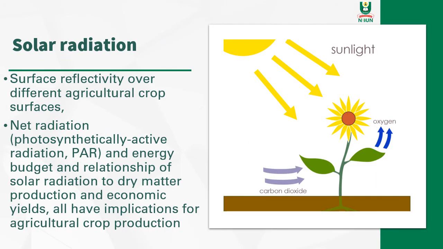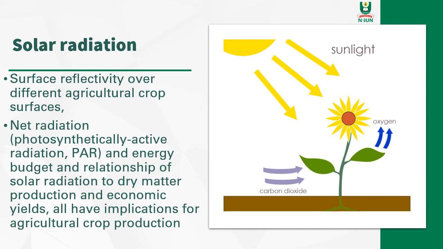The next climatic factor we'll be talking about is solar radiation. And like you can see in the picture here, solar talks about sunlight. Okay, solar talks about sunlight, and it's just the surface reflectivity over different agricultural crop surfaces. We have the net radiation, PAR, that's the photosynthetically active radiation, and energy budget and relationship of solar energy to dry matter production.